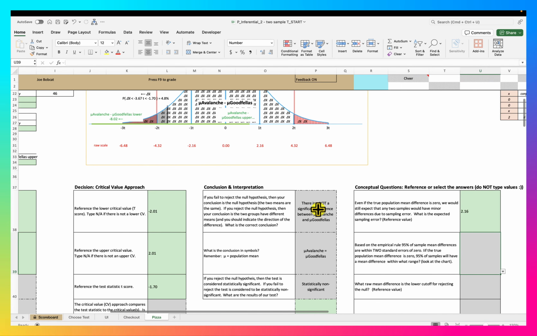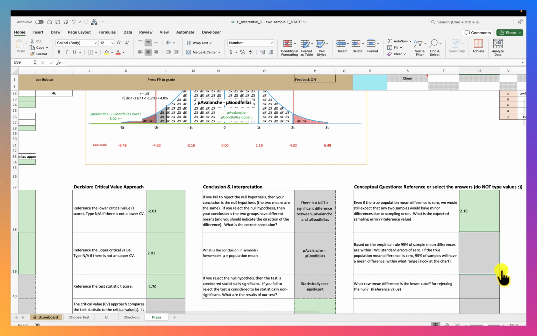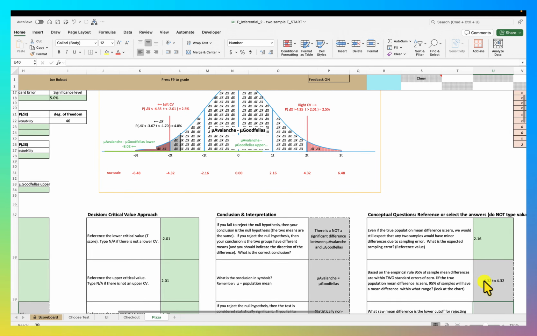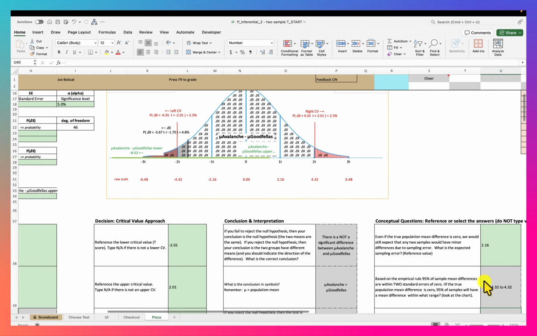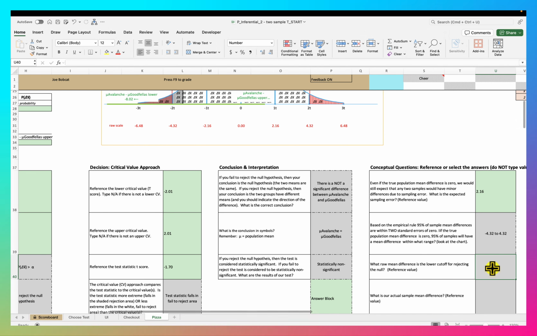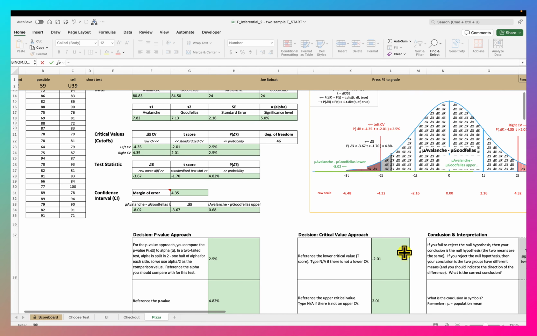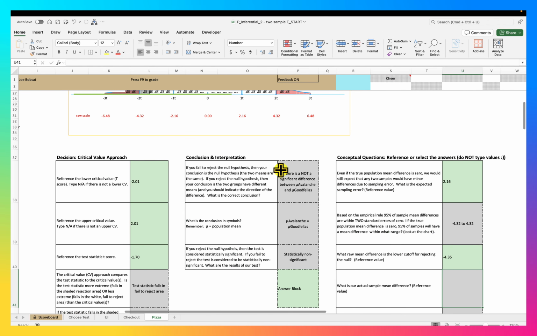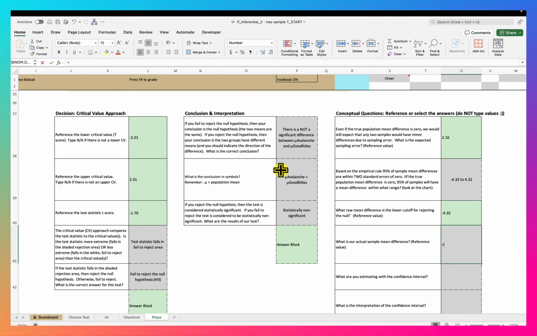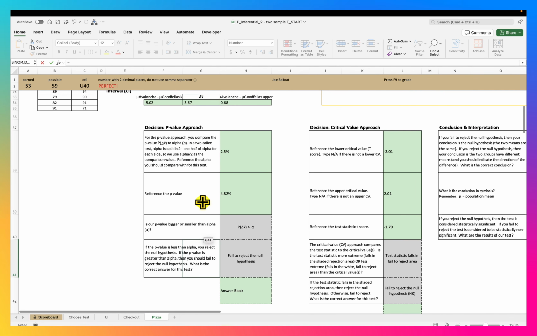Okay, so let's look at the 95% confidence interval from negative 4.32 to 4.32. And the lower cutoff is going to be, and this is the raw value. Our actual sample mean difference was way over here.